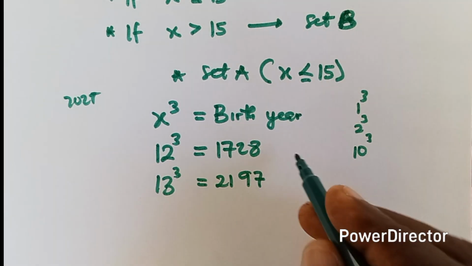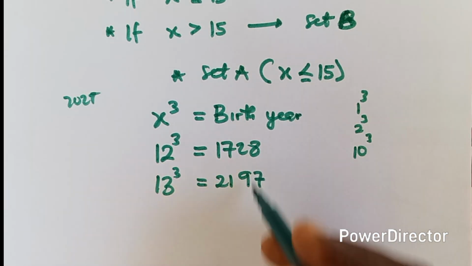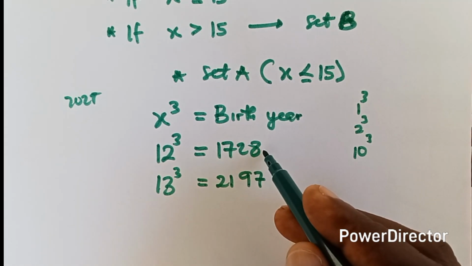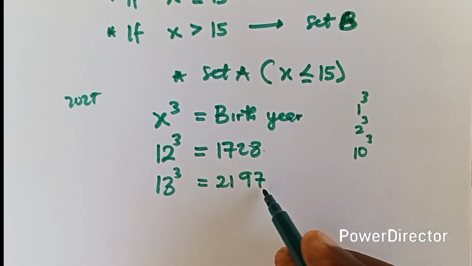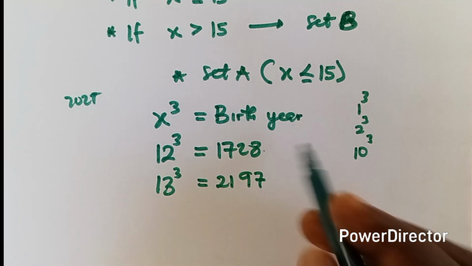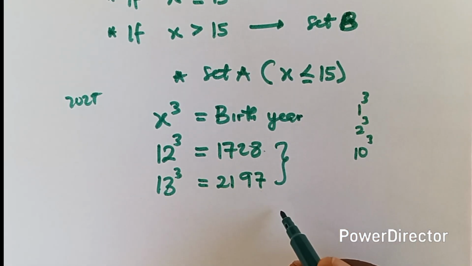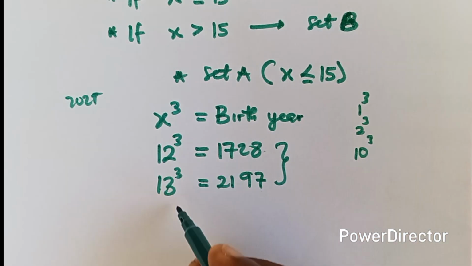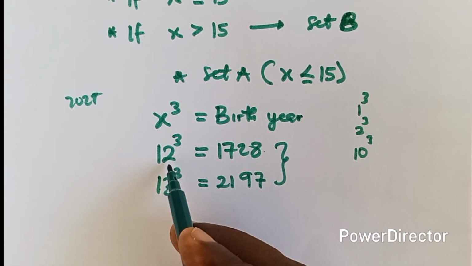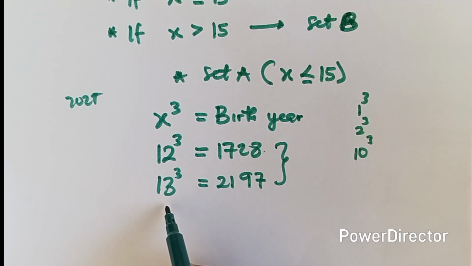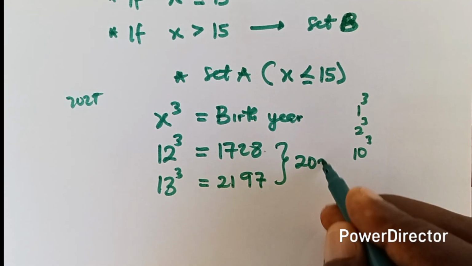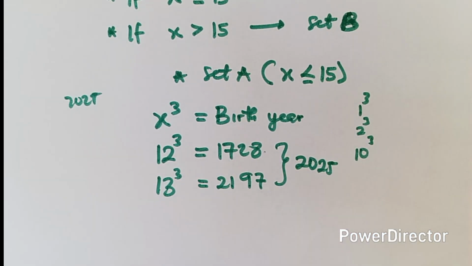Looking at these, 1728 is less than 2025, while 2197 is more than 2025. That means my birth year is between 12 cube and 13 cube, so 2025 is in between these.